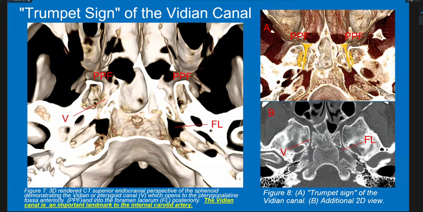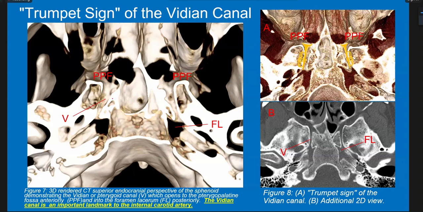You can see here the internal carotid artery within the carotid canal. So this is what we call a trumpet sign. Basically, the Vidian canal runs along the floor of the sphenoid sinus, and it opens up here. The wider part of the Vidian canal opens up into the pterygopalatine fossa, and the narrower part opens up into the foramen lacerum.